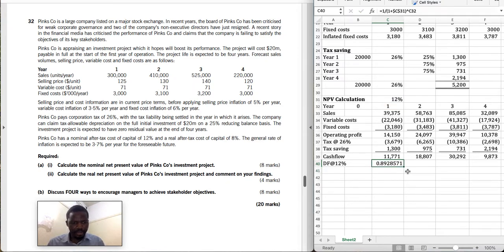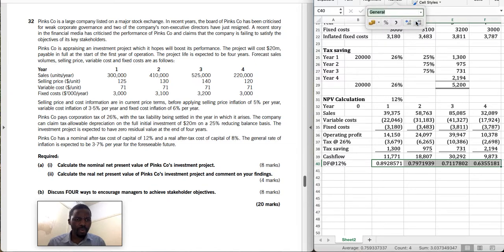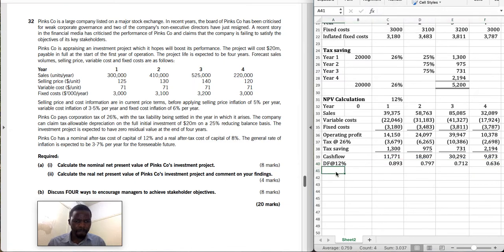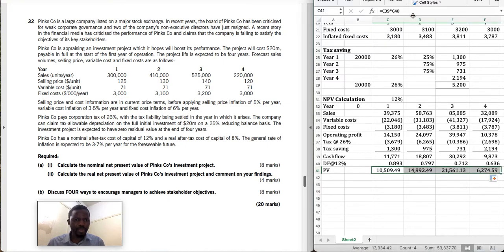Then we copy the formula down up to year 4. Then now we get our PVs. Our PV, we say the cash flow multiplied by the discount factor. We get that. For year 1, we copy the formula up to year 4.